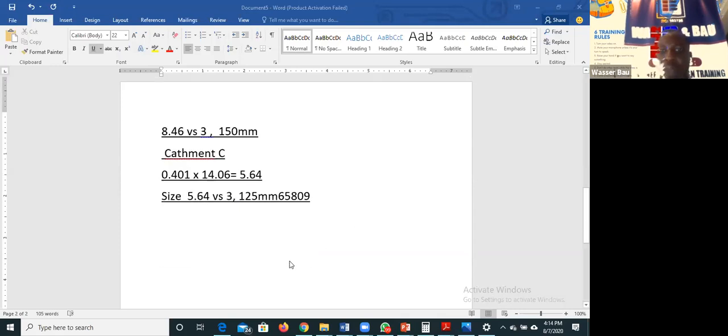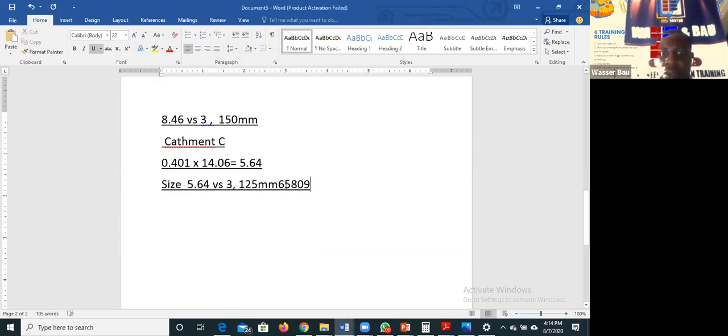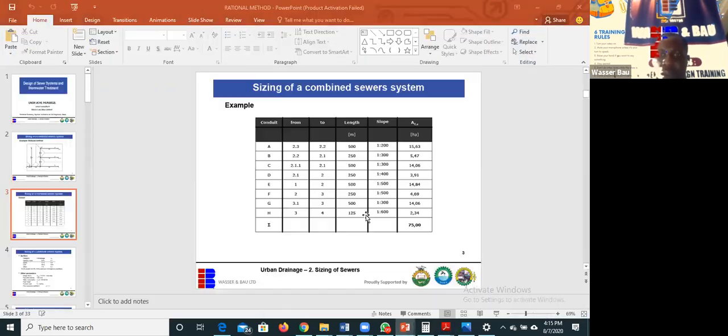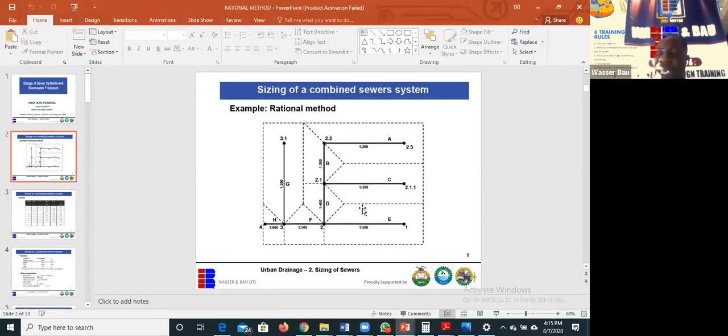So that is that. We've done catchment C, 125 mm. The next one now is pipe D. Either you call it pipe or you call it catchment, it's the same thing. Let's do pipe D. Are you with me?